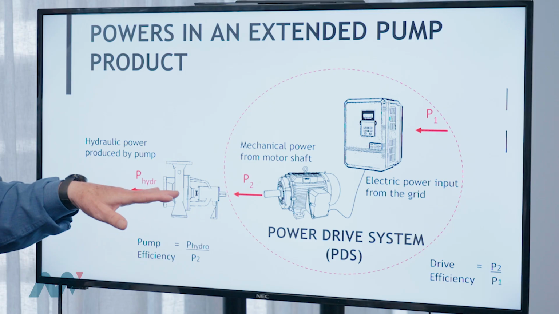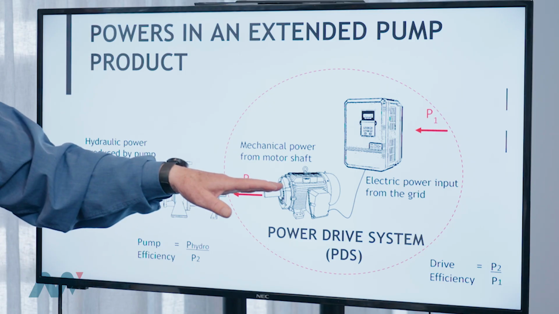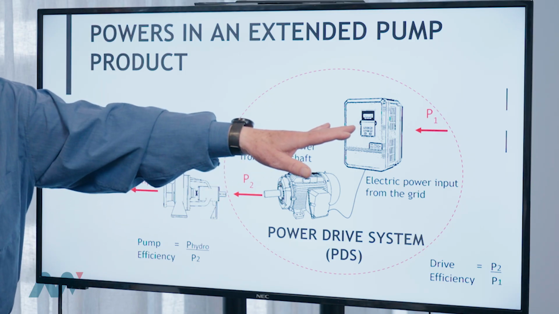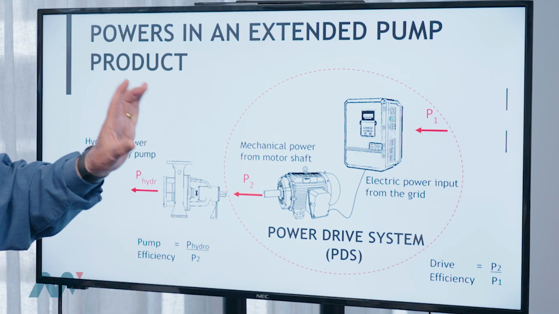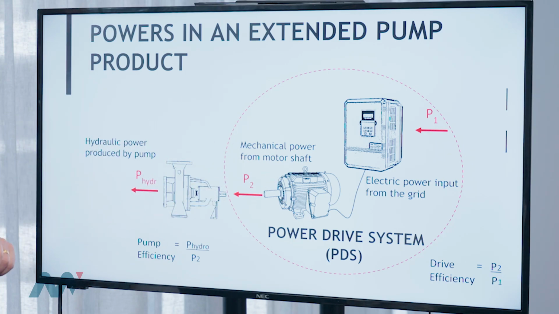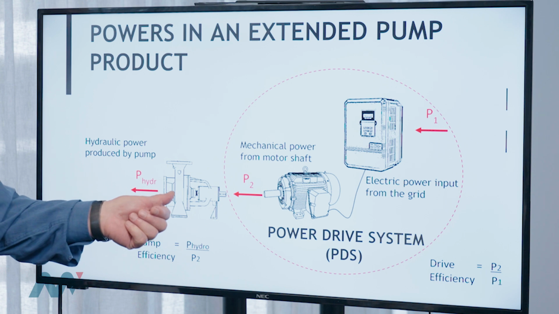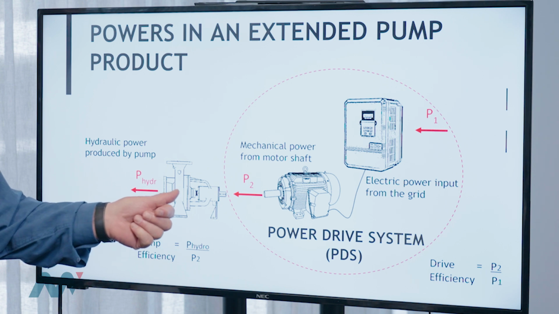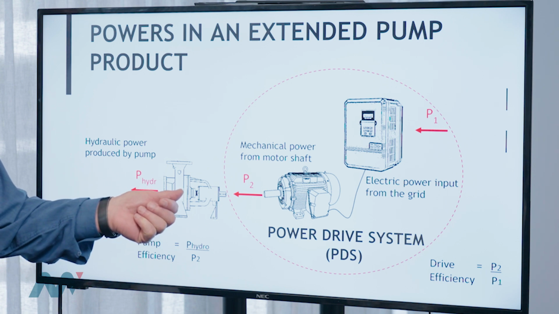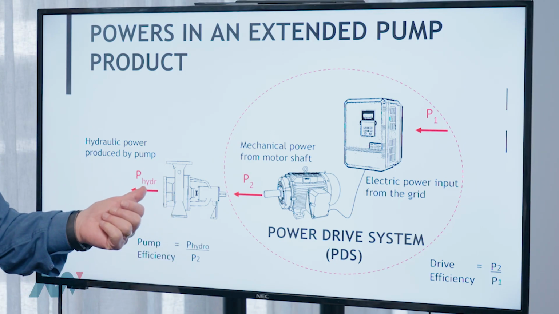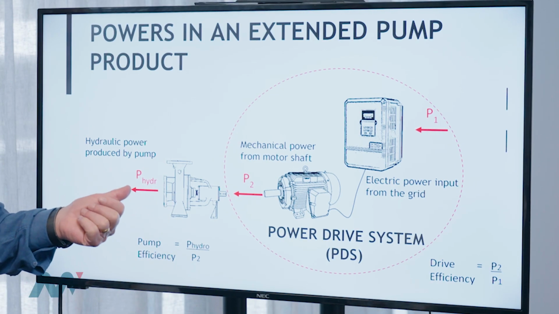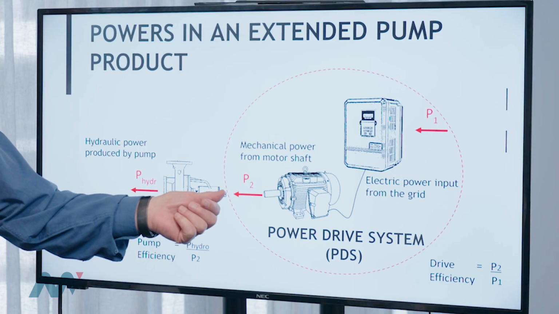We're not just looking at the pump. We're not just looking at the motor. We're not just looking at the drive. We're looking at the whole thing as an extended product approach. So we choose the pump operating at the best efficiency point if we can, which means that the pump efficiency is the hydraulic output compared to the shaft input.